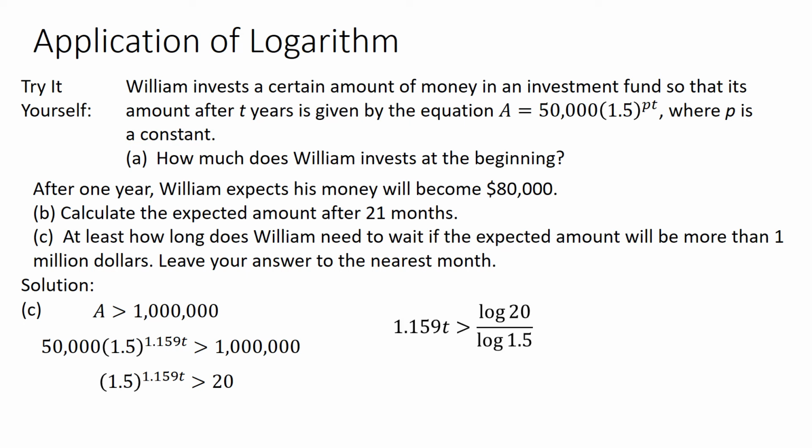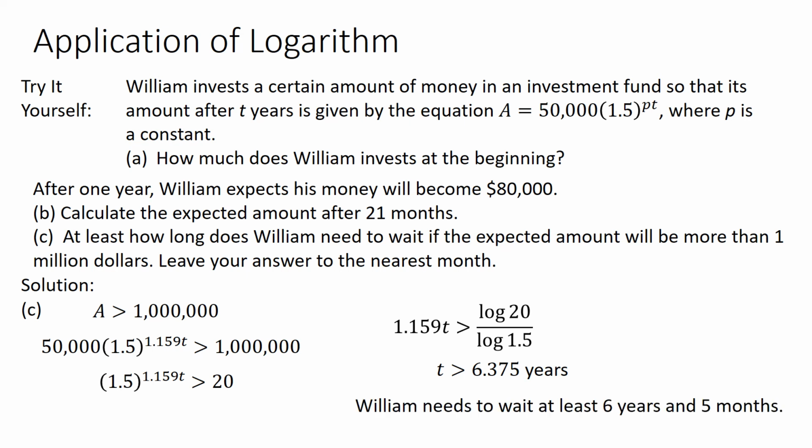And now we log both sides, and we get 1.159t greater than log 20 over log 1.5. Hence, t is greater than 6.375 years. So it means that William needs to wait at least 6 years and 5 months. So do you get all the answers correctly?